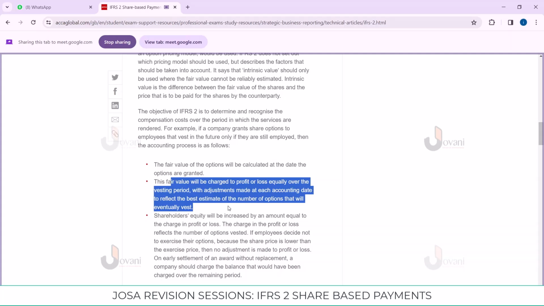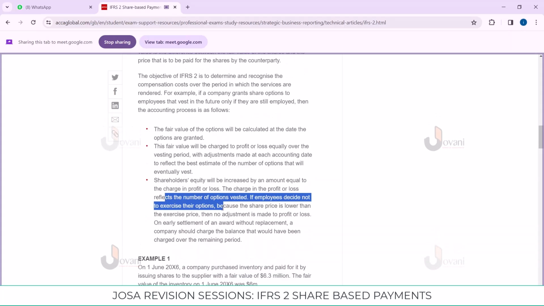You debit an expense and then you credit equity by the same amount. Debit, profit or loss, expense, credit, equity. The charge in profit or loss reflects the number of options vested. If employees decide not to exercise their options because the share price is lower than the exercise price, then no adjustment is made to profit or loss.